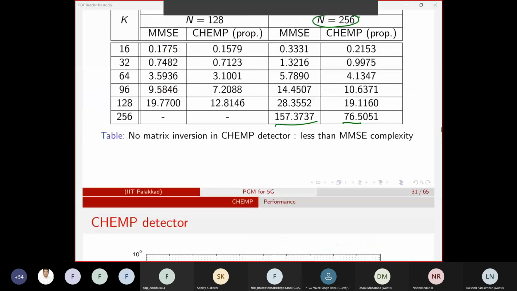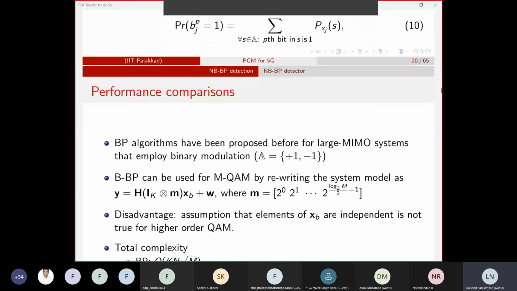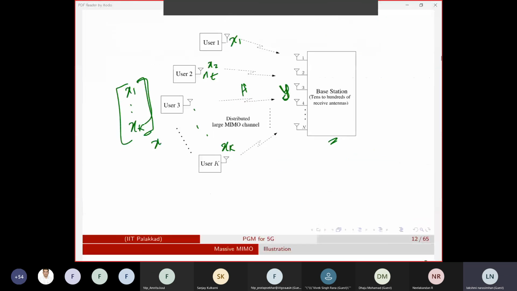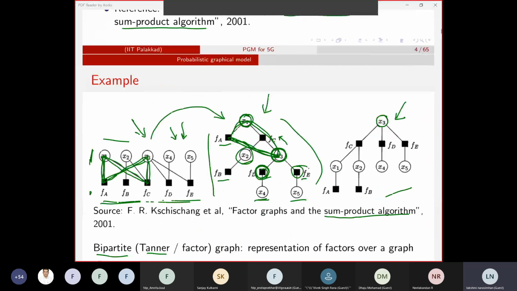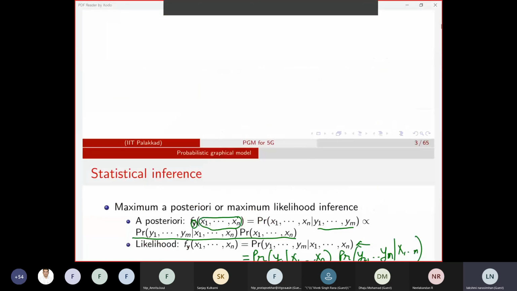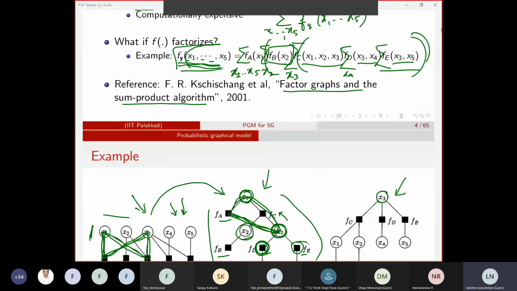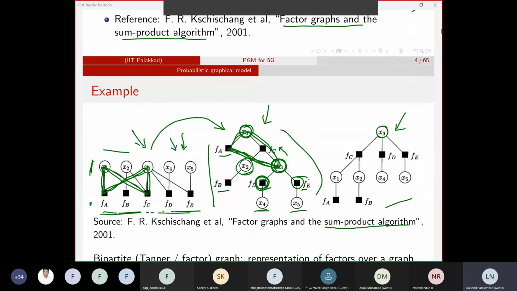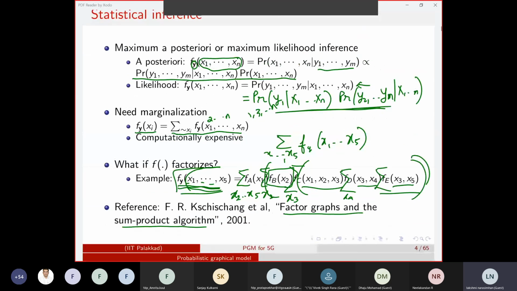So the main idea is the sum product algorithm. The main takeaway from this talk is to see any inference problem as a factor graph. And this factor graph is constructed using an objective function. Typically, it is either the likelihood or the posterior probability, which we want to maximize.